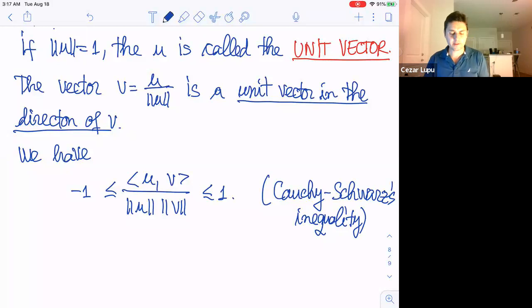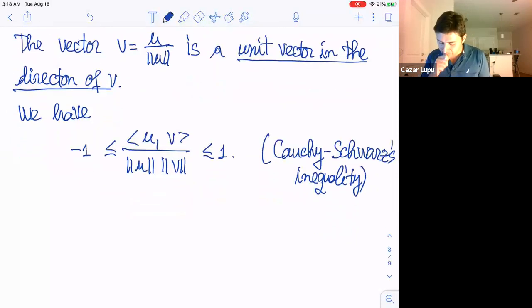Okay, and now I would like to see an example. I would like to see how we're going to use this inner product on a specific example. And the example I have in mind, I think it's example number 6, is the following.